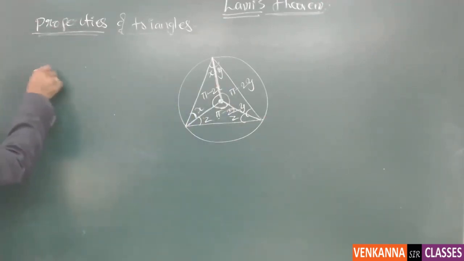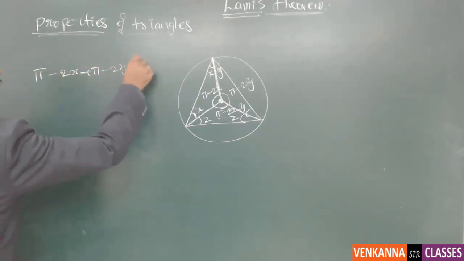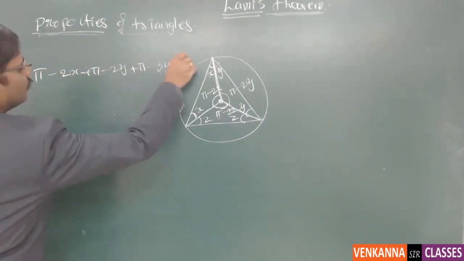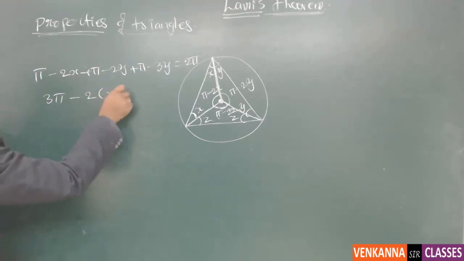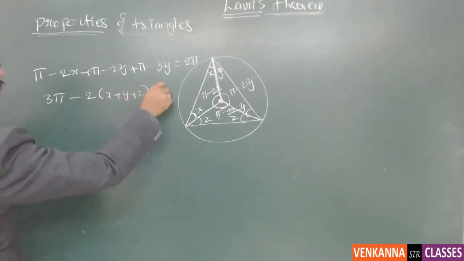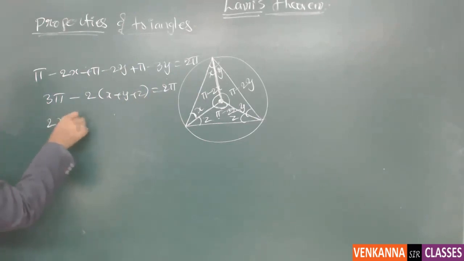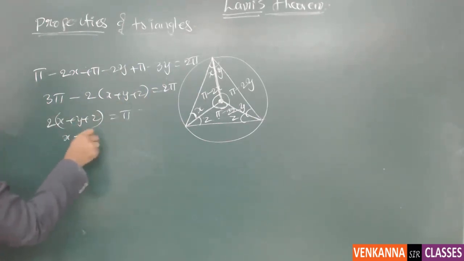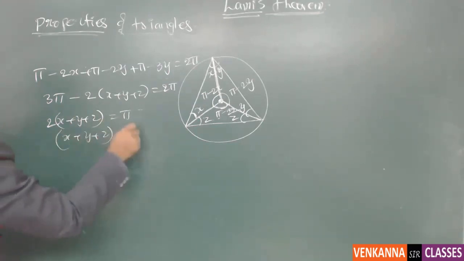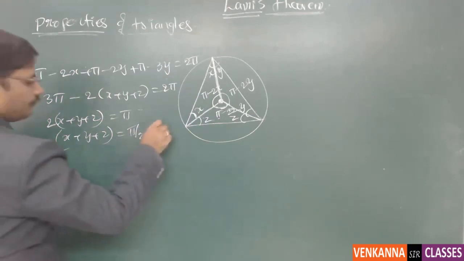That means pi minus 2x plus pi minus 2y plus pi minus 2z is equal to 2 pi. So this is 3 pi minus 2 times (x plus y plus z) is equal to 2 pi, or 2 times (x plus y plus z) is equal to pi, or x plus y plus z is equal to pi by 2. So this is one equation.